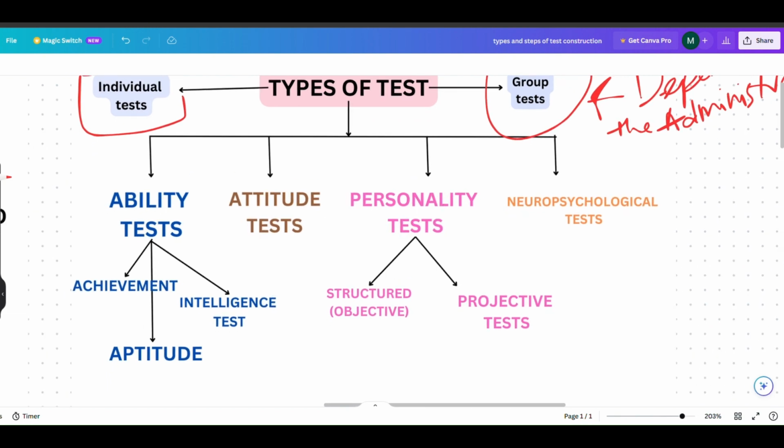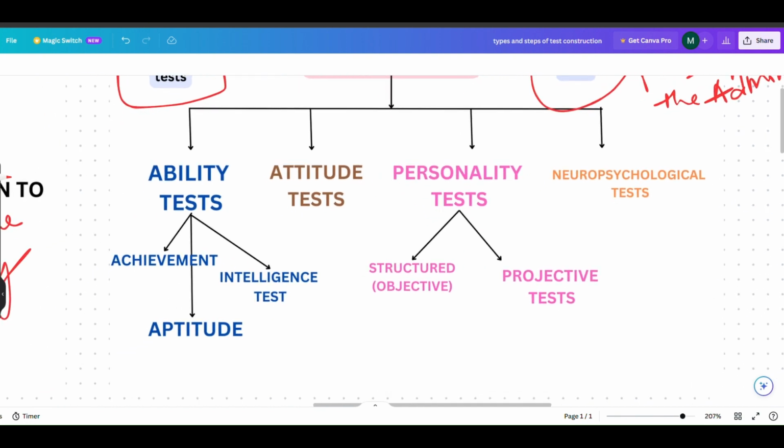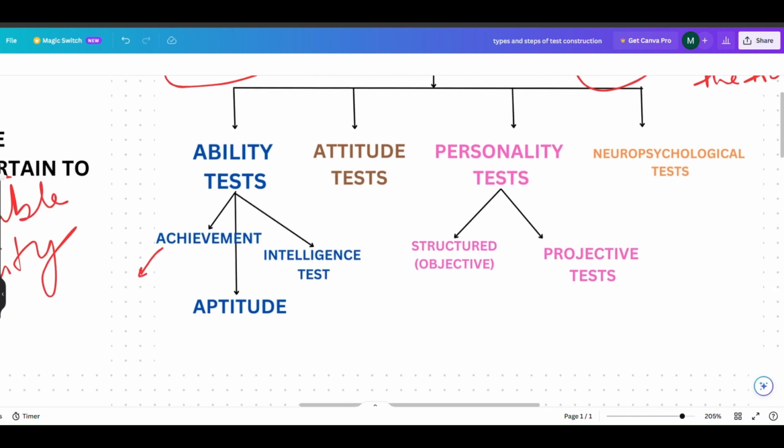Now coming to the types of test, we have the ability test, attitude test, personality test, and we have the neuropsychological tests. So achievement test is the first part of ability test. Achievement test measures previous learning.